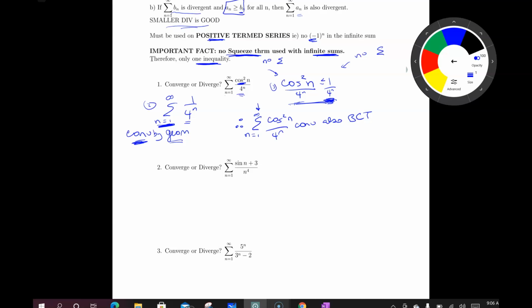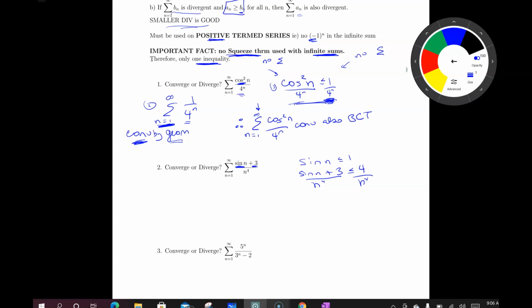All right, so let's look at this one. So this has to be positive, and let's think about it. Sine goes between 1 and -1, adding 3 to it. So sine is going to be smaller than or equal to 1. Sine of n plus 3 is going to be smaller than or equal to 4. So for sure this is positive. And then if I divide both sides by n to the 4th, there's my first of my two criteria.